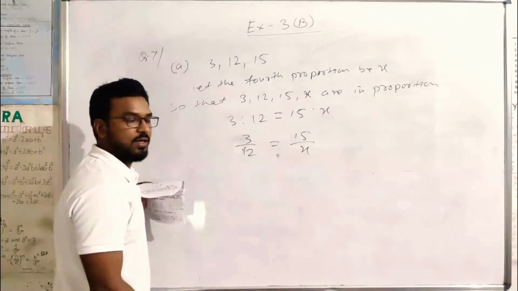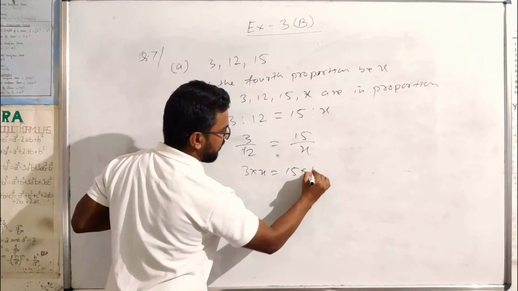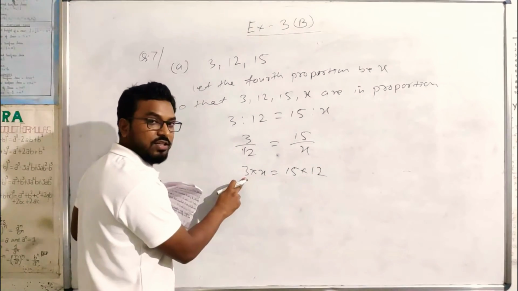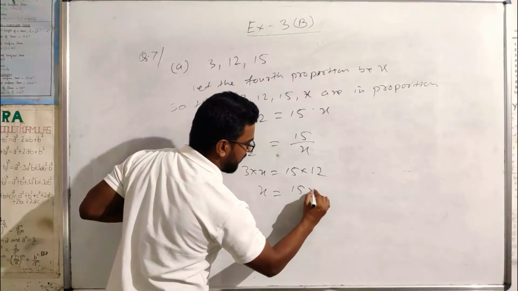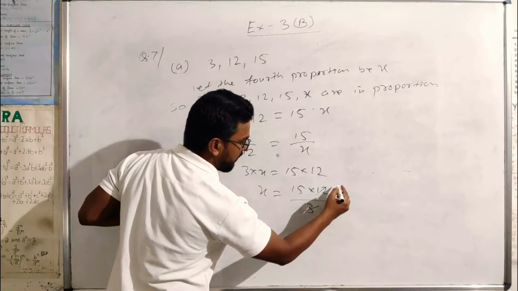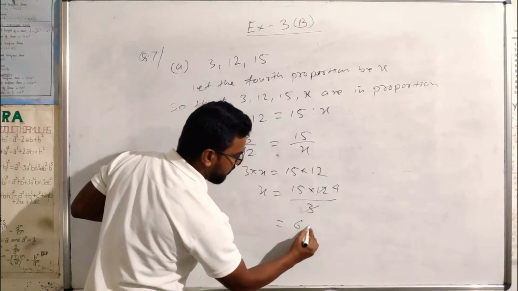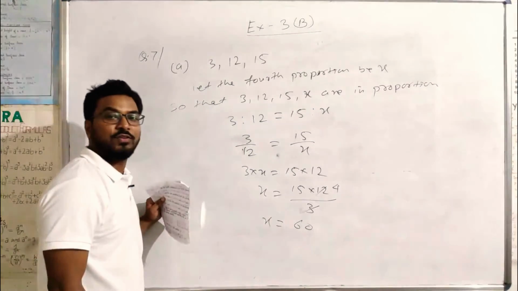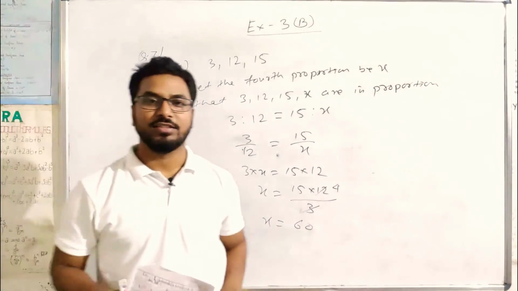Now you cross multiply: 3 into x, and this will be 15 into 12. So if you take this 3 to the other side, it will divide. So if you cancel it, 3 4s are 12, so 15 4s are 60. So the value of x is 60. So the fourth proportion will be 60.